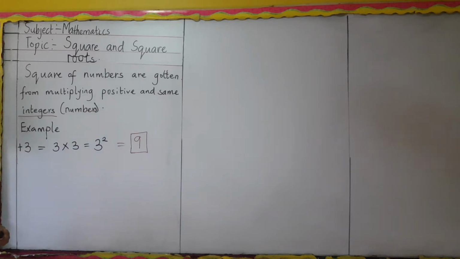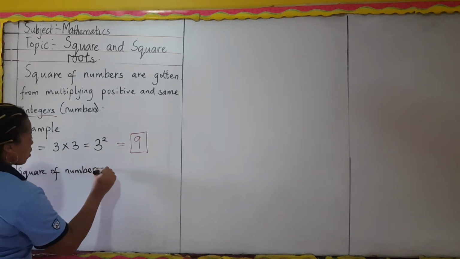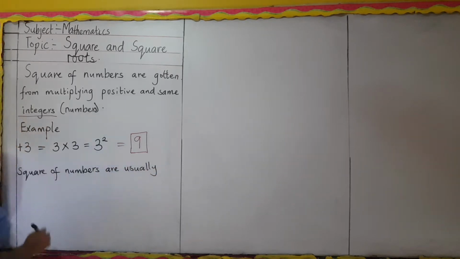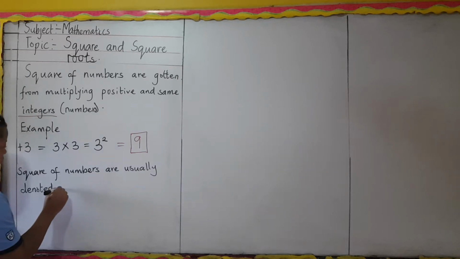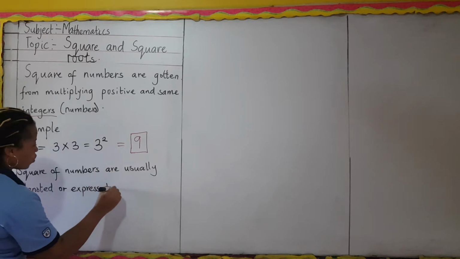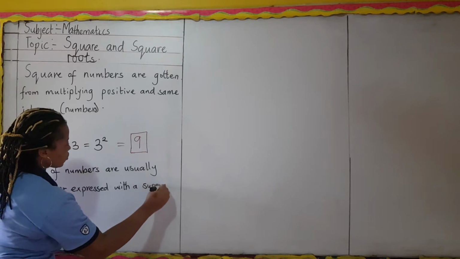So, square of numbers will always be denoted with a superscript 2. Square of numbers are usually denoted, or written, or expressed, if another word for denoted, I can choose expressed, with a superscript.